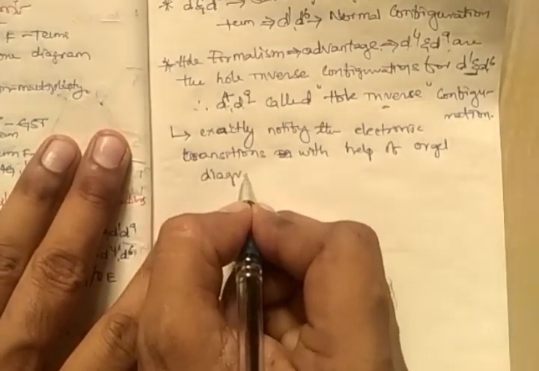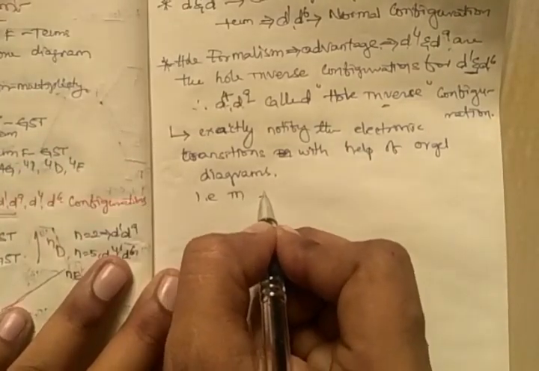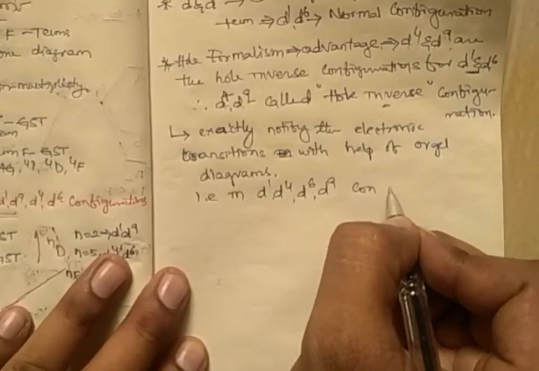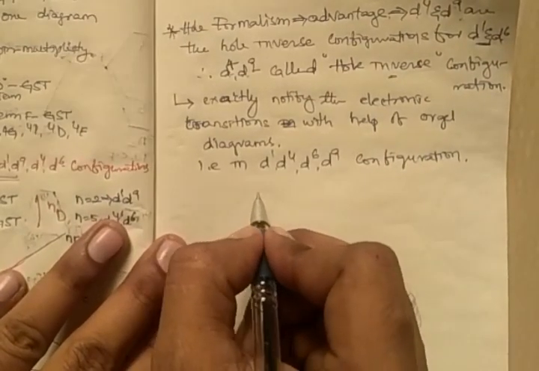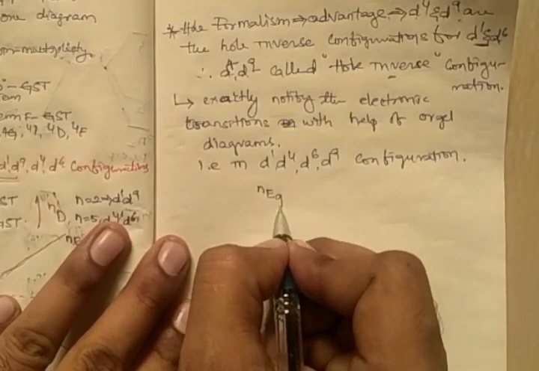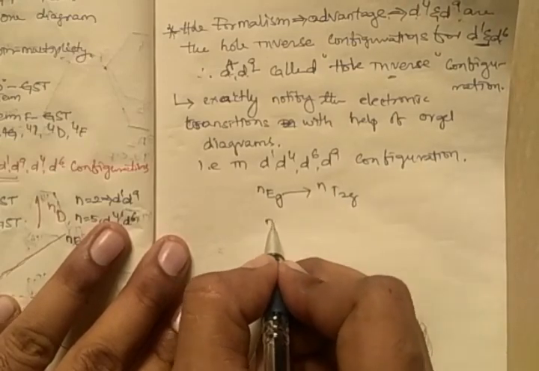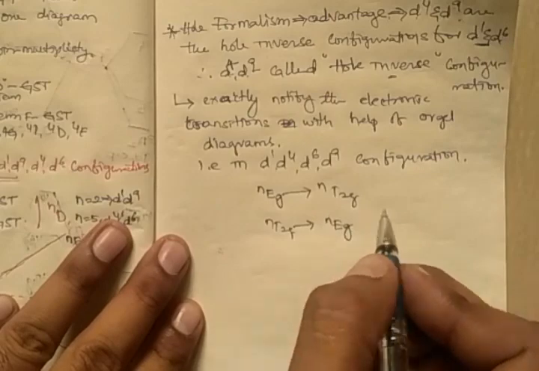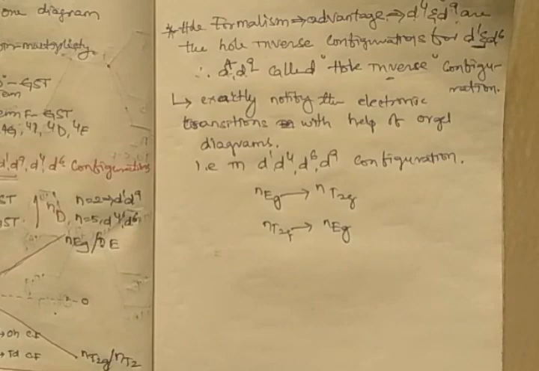That is, in D1, D4, D6, D9 configurations, we can observe either an nEg to nT2g transition, or an nT2g to nEg transition.